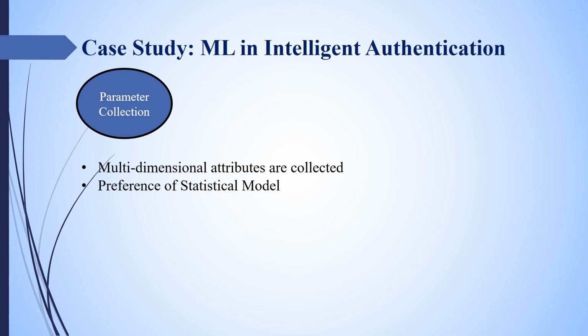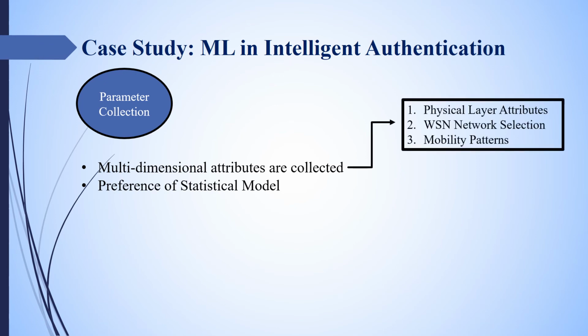Those multi-dimensional attributes can vary from physical layer attributes. They can be WSN, wireless sensor network selection parameters, or they can be mobility patterns. These can be devised as multi-dimensional attributes, but they are not only limited to these three. Multi-dimensional attributes can be a number of things that are required in our model.